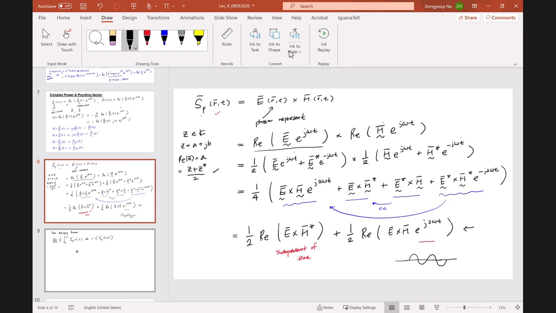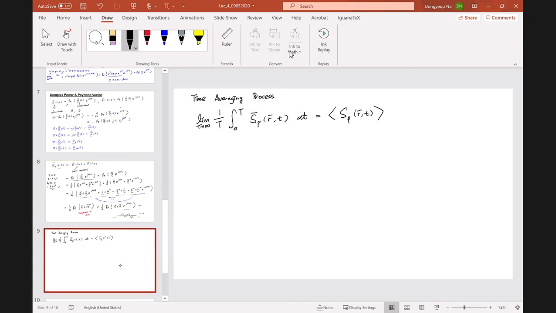So the integration from minus infinity to infinity is going to be 0. So the second term after time averaging is going to disappear. Okay, so we only have the first term after the time averaging process.